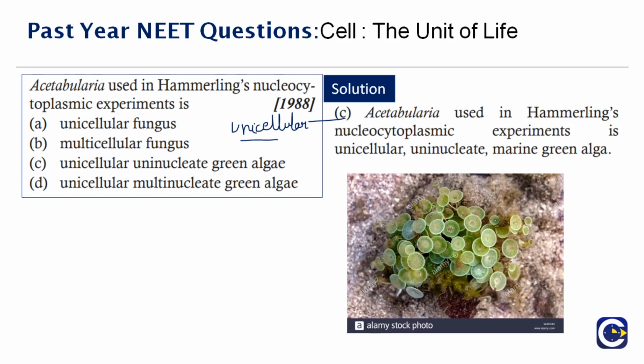Fine. So to your right side, you can see a picture of how Acetabularia looks in overall physical appearance. Okay, this is how they will grow. Therefore, the correct answer is option C. Once again I'm telling you, Acetabularia is a green alga which is unicellular and uninucleate.